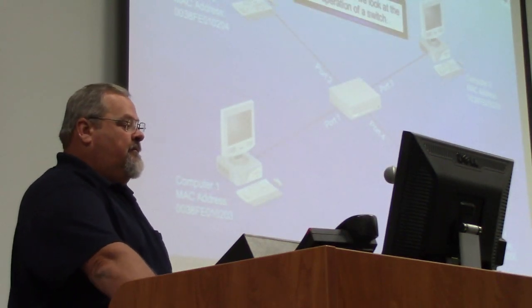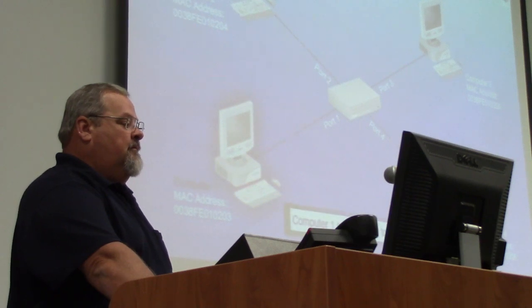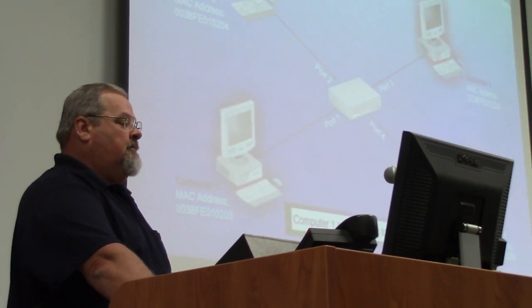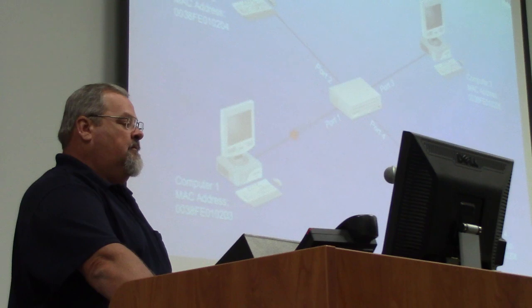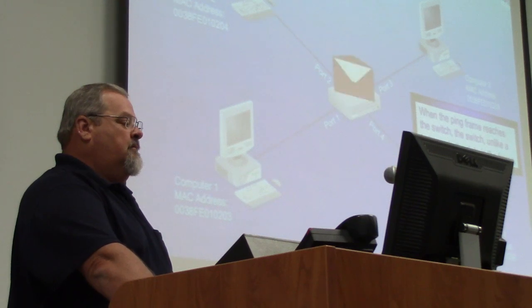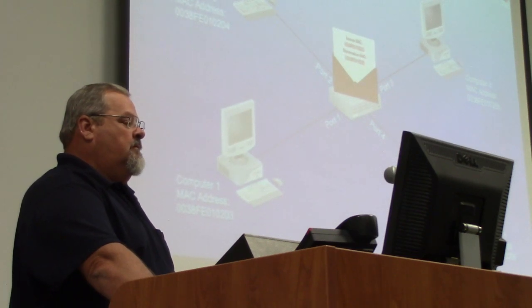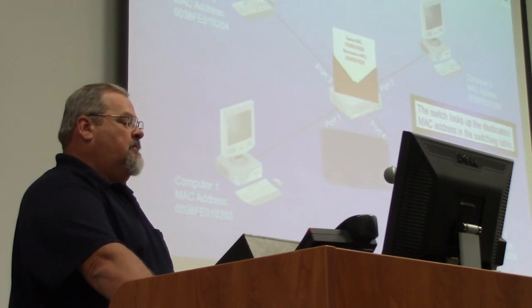In this simulation, we look at the basic operation of a switch. Computer 1 sends a ping to computer 3. When the ping frame reaches the switch, unlike a hub, it reads the data in the frame. In particular, it reads the source and destination MAC addresses. The switch looks up the destination MAC address in the switching table.